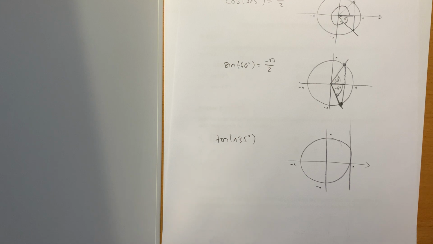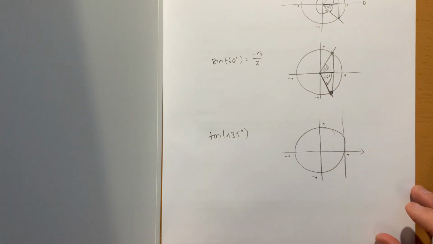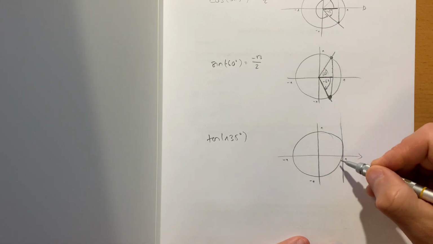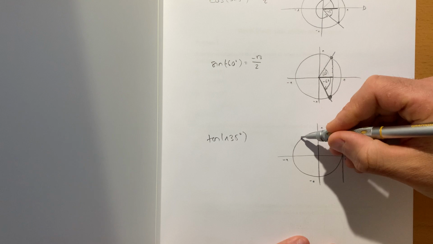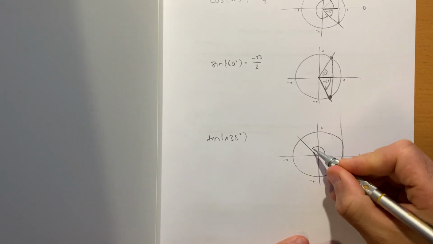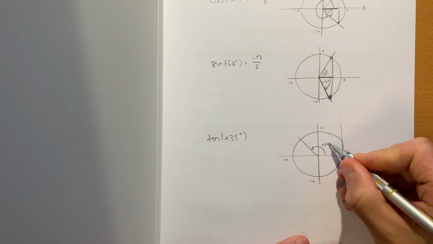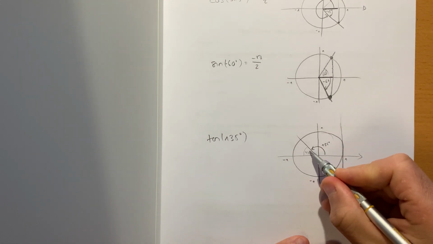And you see it's by far not perfect, but it doesn't have to be. Now, look, 135 degrees is 90 plus 45. So here, this is 135 degrees. So this is like a 45-degree angle.